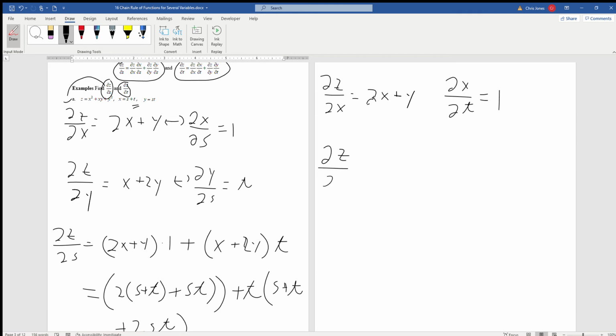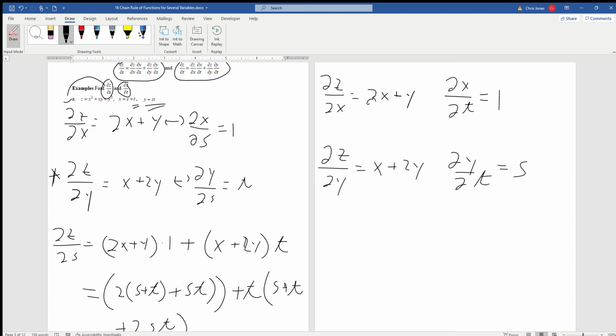Partial z partial y is going to be x plus 2y, and we just found that, so we can just reuse it from over there. And then finally, partial y partial t is going to be s this time. Again, we're just looking over here. Partial of t is 1, s is a coefficient, so it just comes down.